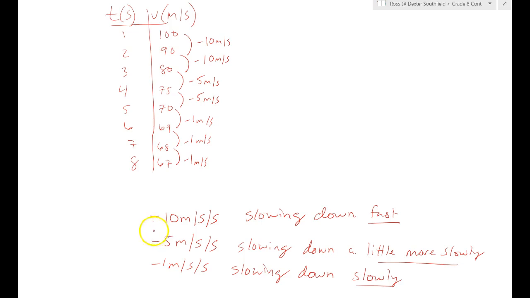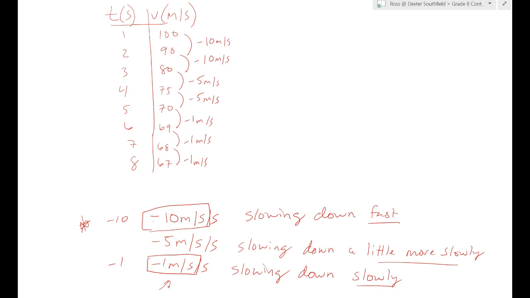So in that instance, here we are slowing down by a jump of negative 10. Here, on the other hand, we're slowing down by jumps of negative 1. Are you slowing down in both cases? Yes. But in this case here, you're slowing down really, really quickly. Every single second that goes by, you're slowing down by 10 meters per second. In this case over here, every single second that goes by, you're only getting slower by jumps of negative 1. Right?